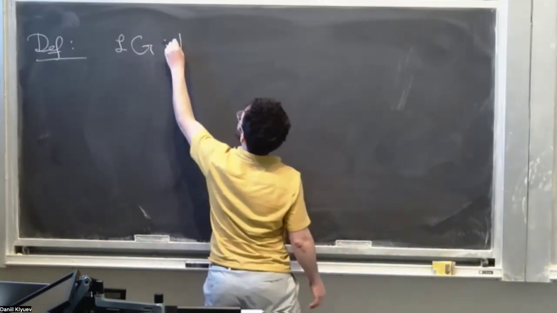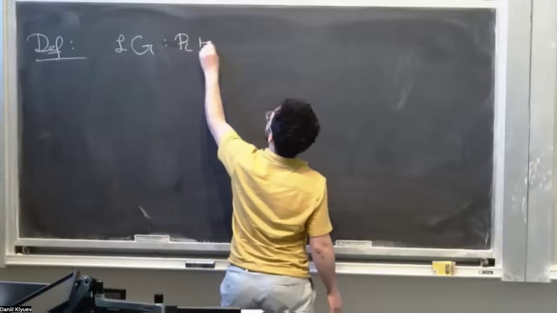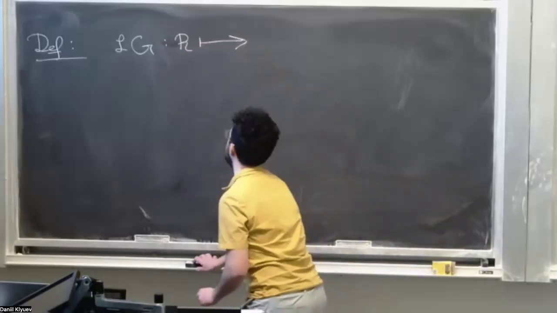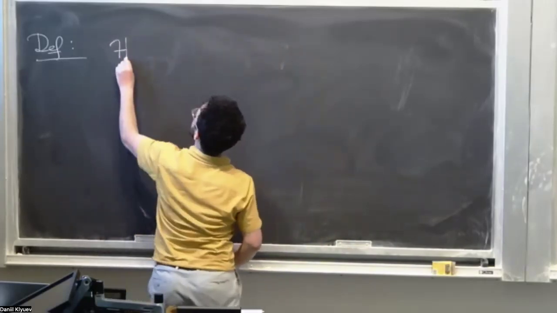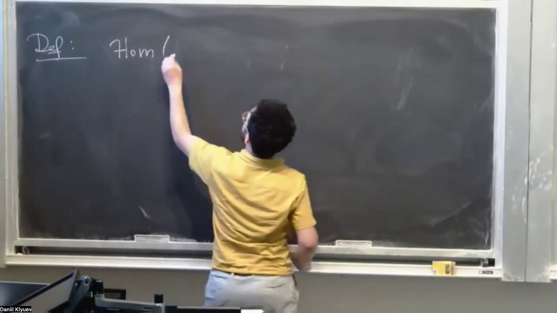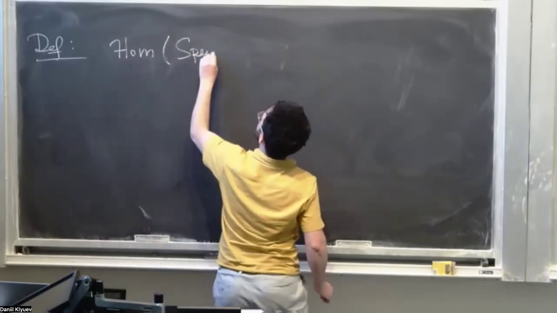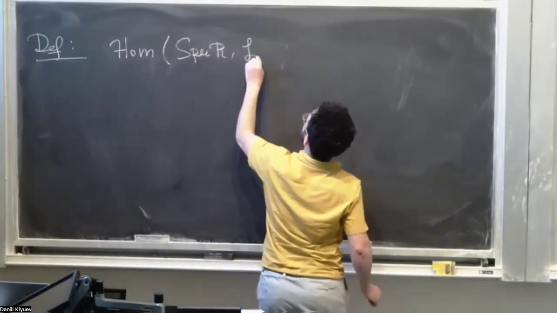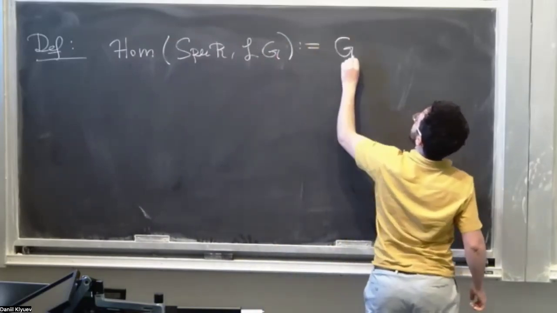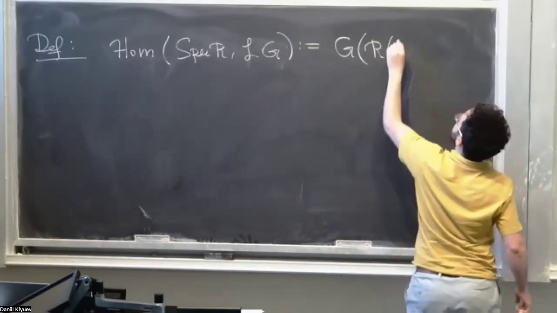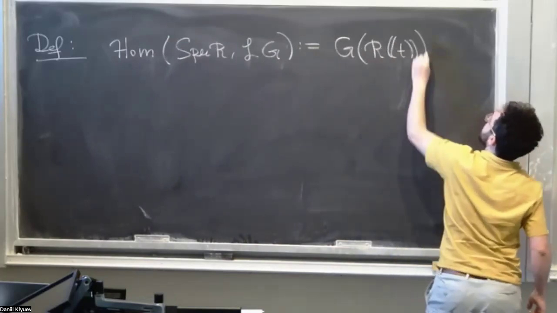It's going to be defined as the functor from Spec of R to the loop of G, with R-points G of R((t)).